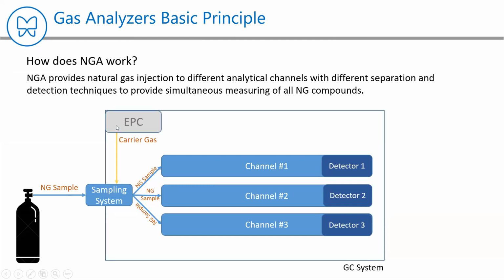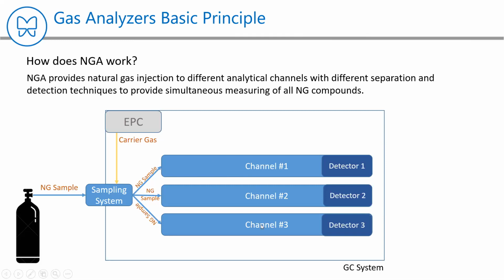We mix it with carrier gas or carrier gases and provide simultaneous detection of natural gas components. For example, this channel will provide the first 5 components, this channel the next 5, and channel number 3 will provide determination of the rest of the components. So it depends on configuration.